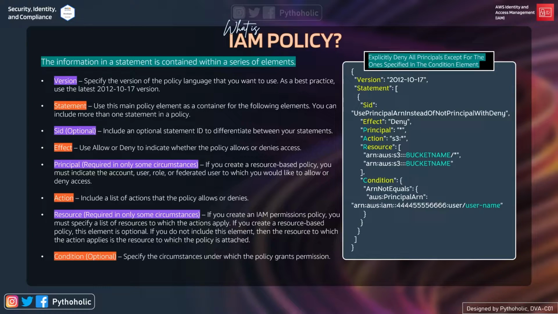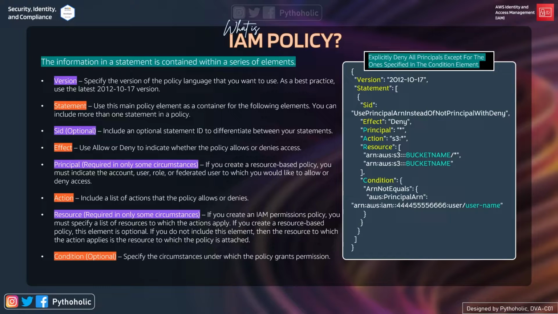The next is condition. This is also an optional element because at certain points in a policy, we want to add conditions so that it applies to a specific condition level or a specific use case. A condition specifies the circumstances under which the policy grants permission. That is why I said it is going to satisfy a specific condition.